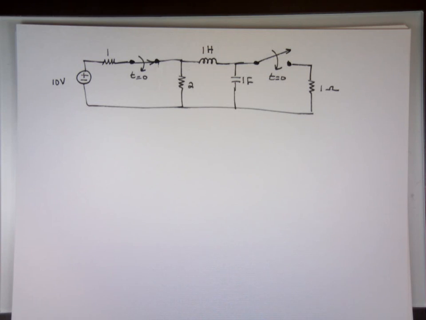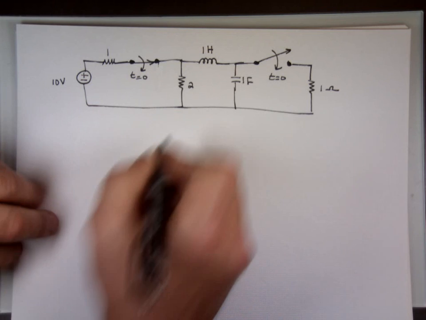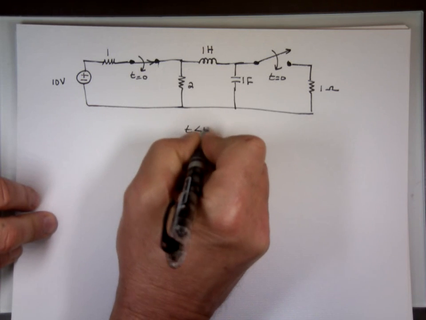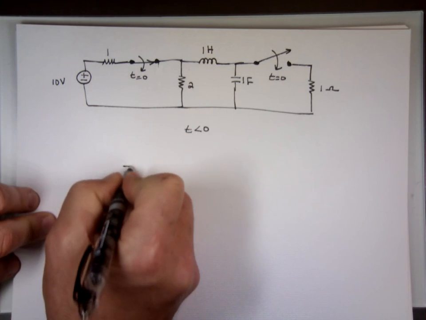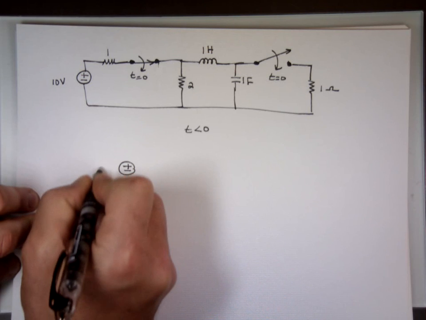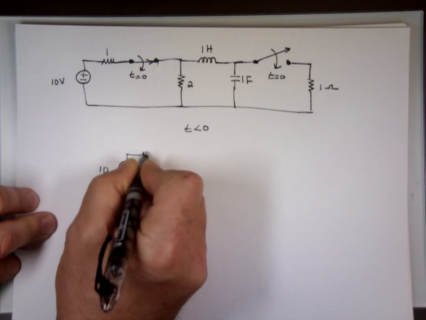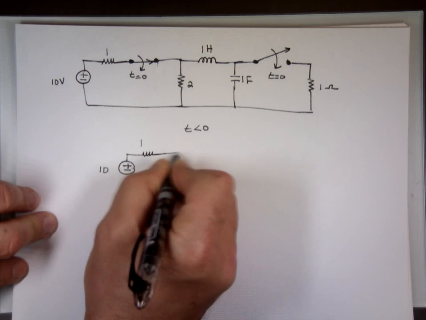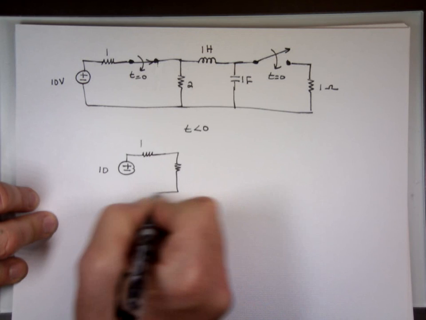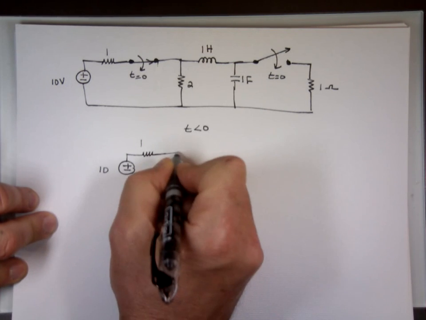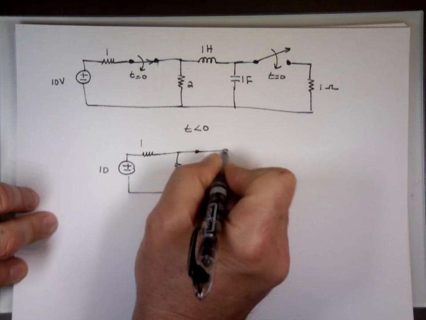Well, we lucked out with one of these here. Again, for t less than 0, here's what we have. 10, 1, 2. The inductor is a short circuit, the capacitor is an open circuit.